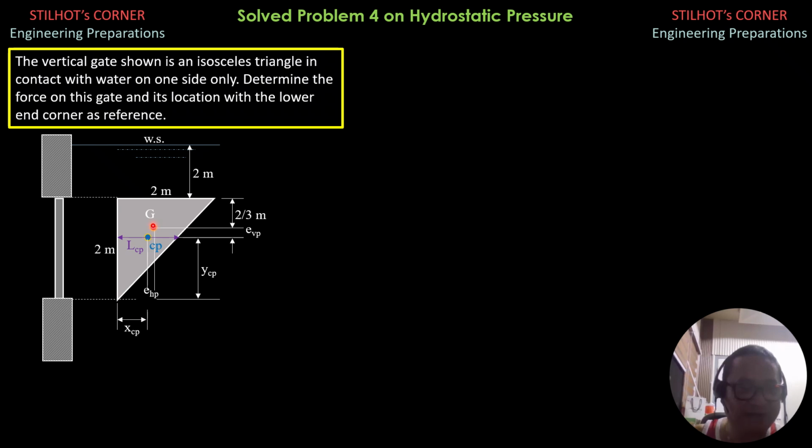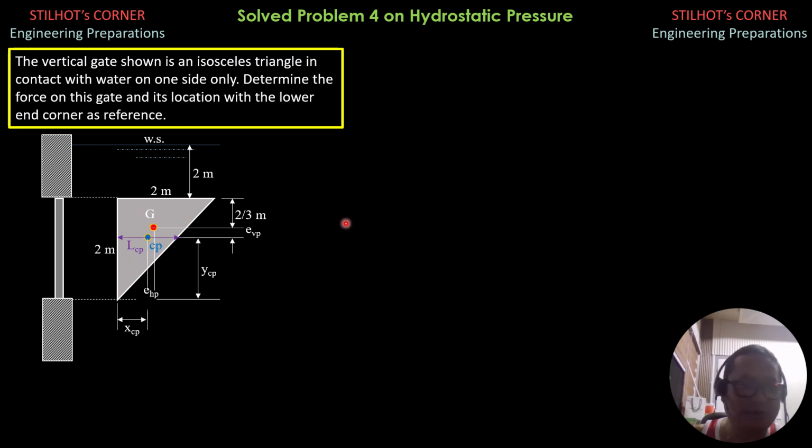Then the vertical distance between the centroid and the center of pressure is denoted by E sub Vp. The general formula for E sub Vp is Igx, moment of inertia of area with respect to the centroidal x-axis, divided by area times Hg. Then the entire formula is multiplied by sine theta, where theta is 90 degrees for vertical gates, vertical plates.